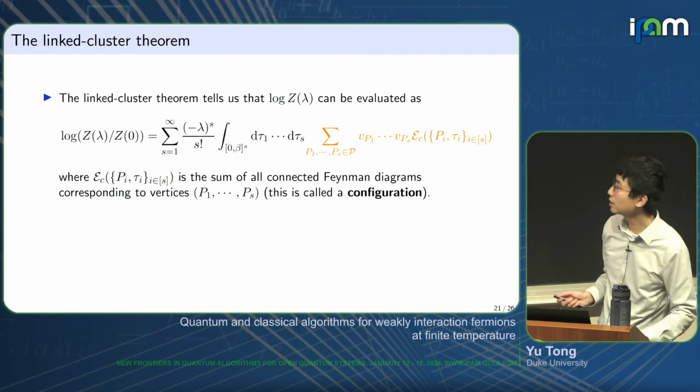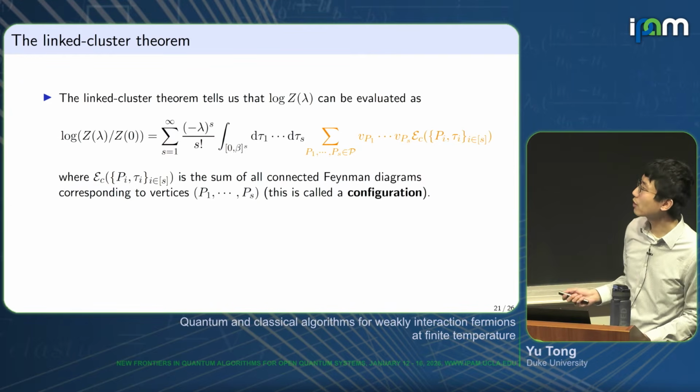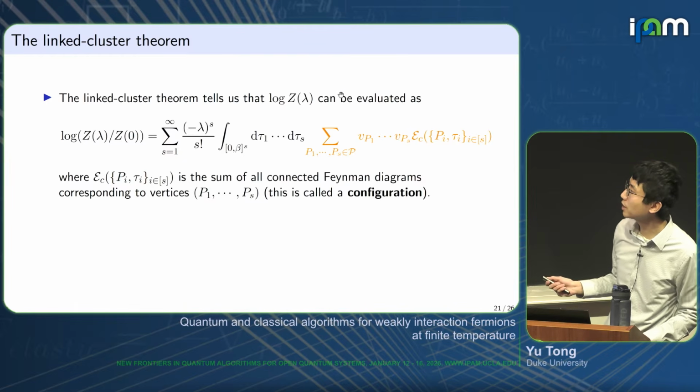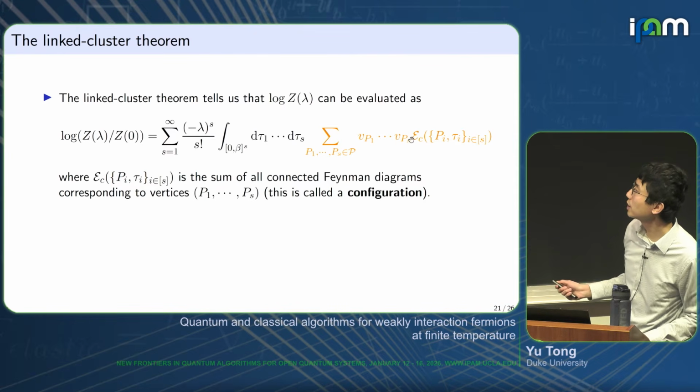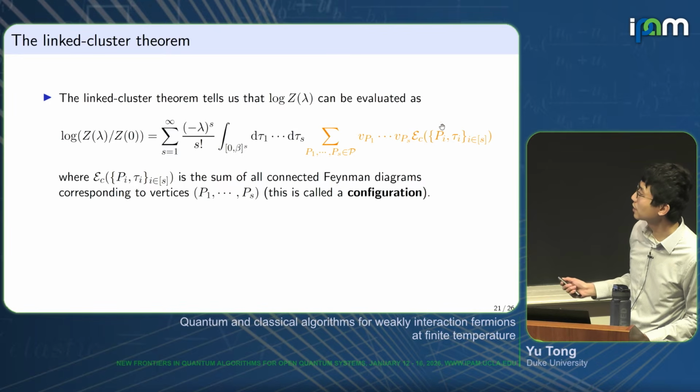So that's Feynman diagrams. Using Feynman diagrams, you can evaluate the log partition function through what is called the linked cluster theorem. This expansion may look scary, but the only thing really important is here: the sum of all the connected Feynman diagrams involving interaction terms P1 all the way to PS. We call this collection of S interaction terms a configuration.